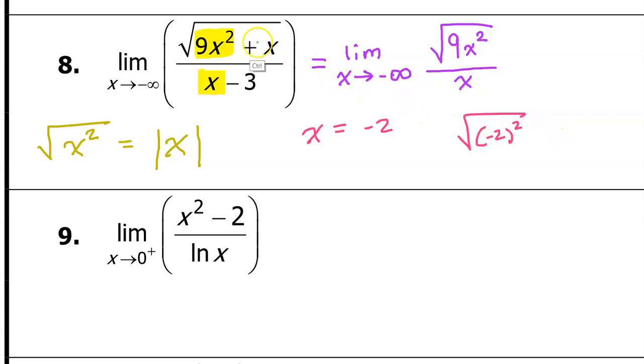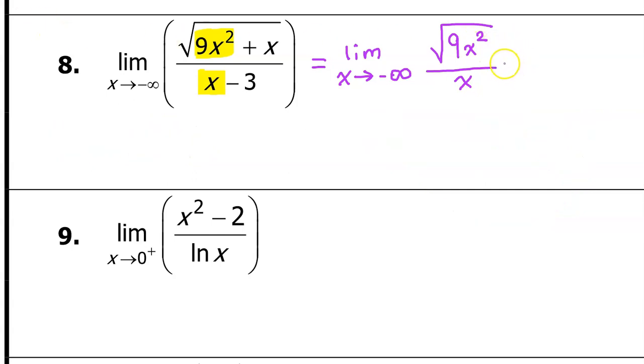I'm going to get a +4, and then I'm going to take the square root of that 4 and end up with a +2. So by squaring it and then taking the square root, I've now turned a -2 into a +2. What turns a -2 into a +2? That's right, absolute value. So when you square something and take the square root, that is the same as the absolute value of that thing.